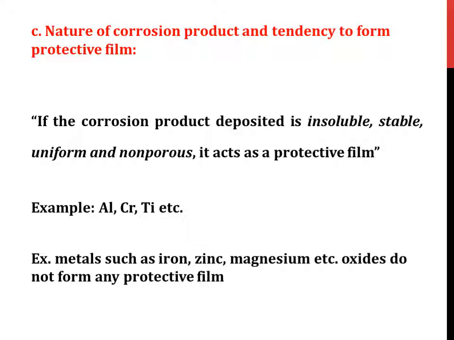For example, you can take metals such as iron, zinc, magnesium, etc., where the oxides or hydroxides formed during the process do not form any protective film, and corrosion of the metal surface takes place continuously. So this is how the nature of the corrosion product influences the rate of corrosion.